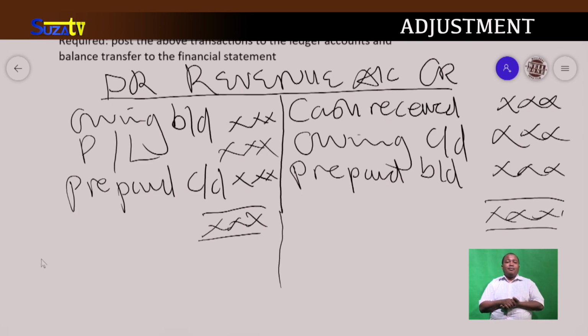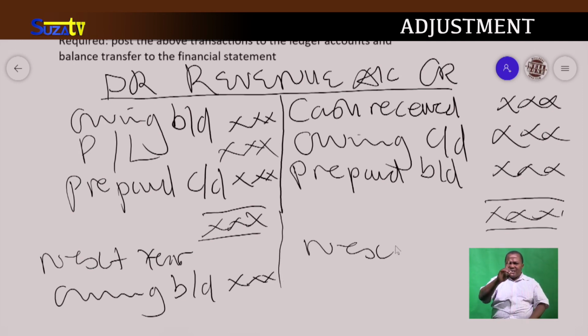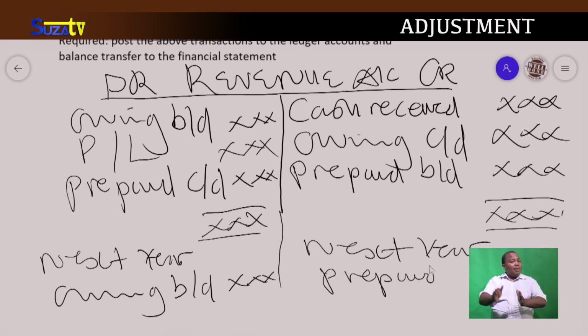Then the owing CD will become on the debit side in the next year. Next year, owing CD becomes owing BD. And the prepaid CD in the next year becomes prepaid BD. You put it on the credit side.